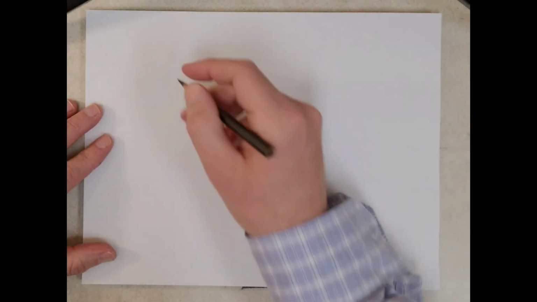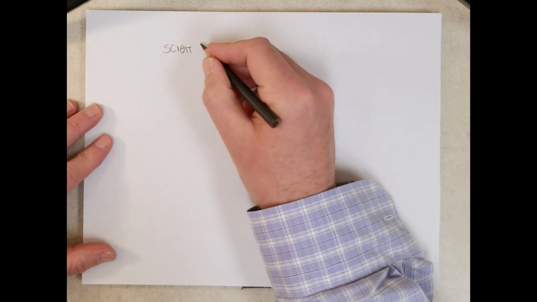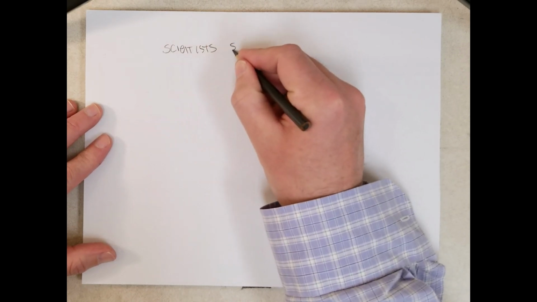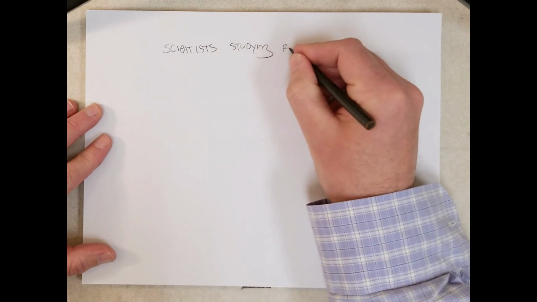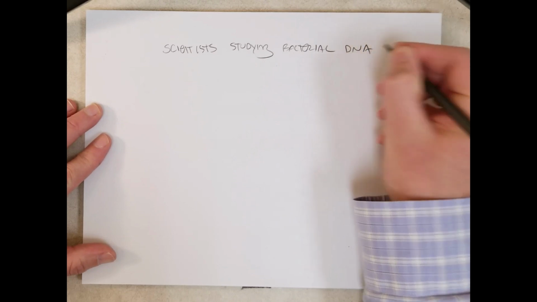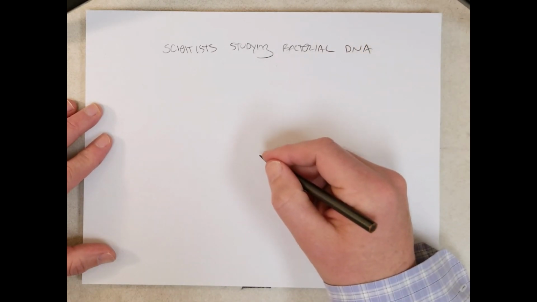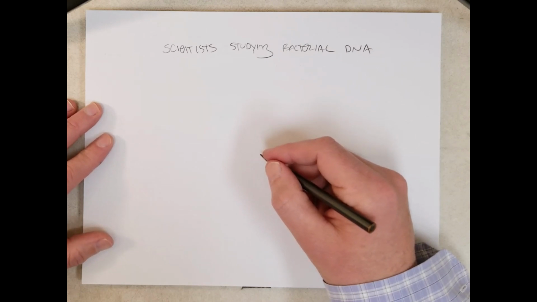Hey everybody, this video starts with scientists who were studying bacterial DNA, and I believe it could have been as early as the 1980s, possibly 1990s. The important point is it was relatively a long time ago.